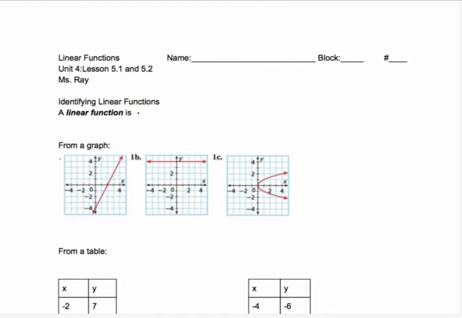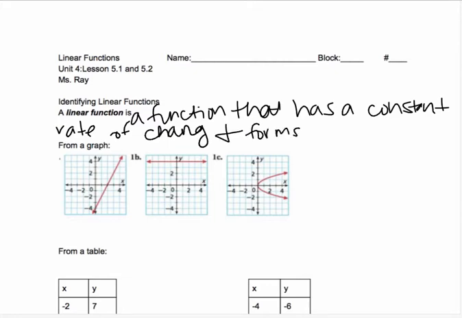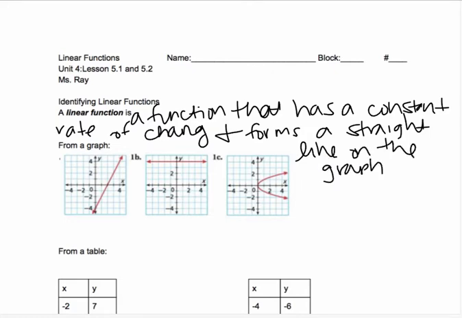A linear function is a function that has a constant rate of change and forms a straight line on the graph. Okay, so two key things there: constant rate of change and a straight line on a graph.